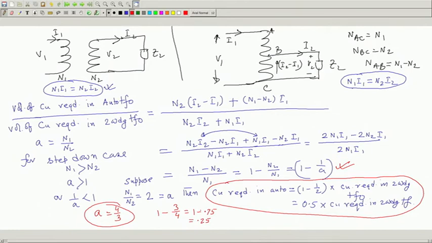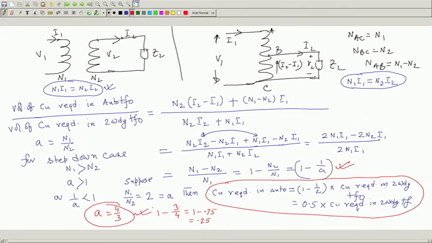But in any case, no matter what is the value of A, if you are stepping it down, it looks like it will be saving copper. Savings of copper will be more if A approaches 1. If you decrease the value of A, savings nonetheless will take place, but not at as high a rate as it was doing for A equal to 4 by 3.